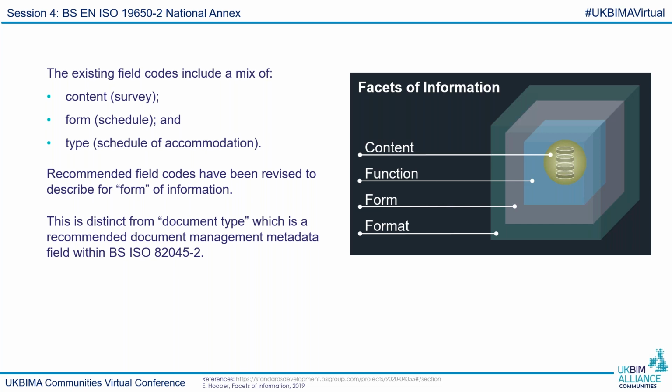Some of them were forms of information like schedules, specifications, reports, or some of them were specific types of information like a schedule of accommodation. So what they meant is that there was an imbalance in the existing codes whereby there was only one drawing that was available, but there were multiple different report-based documents. And the idea was to try and rationalize what we were doing there.